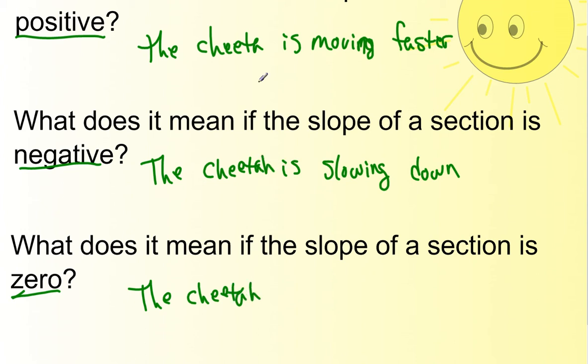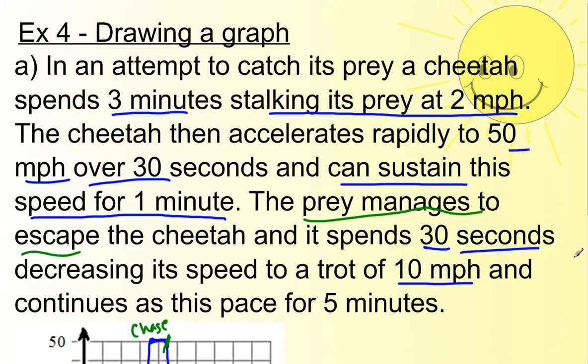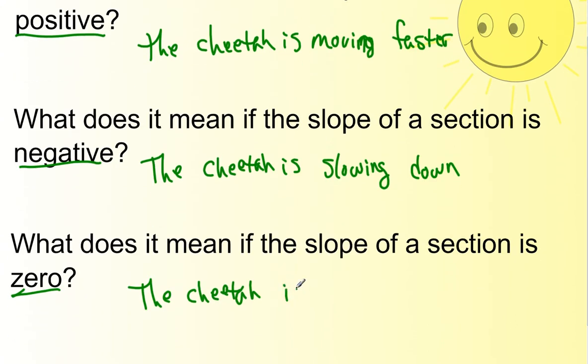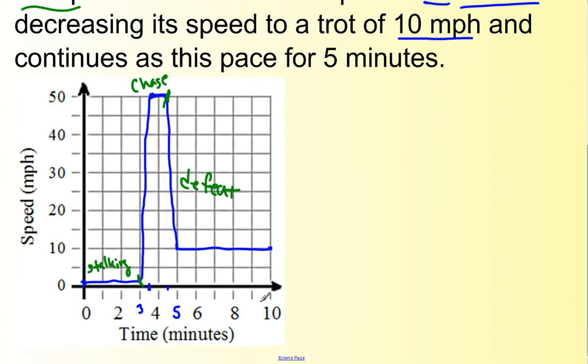Actually, I think cheetah ends in an H, doesn't it? Haha, it does. The cheetah is moving at a constant speed. So, at the beginning, it was moving at a constant speed of 2 miles per hour.